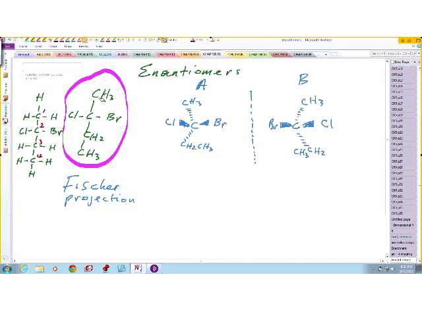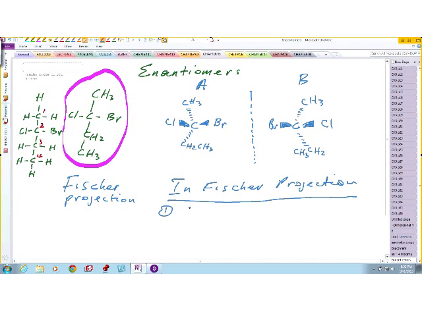Keep in mind, this Fischer projection here is a representation of this molecule A. So in a Fischer projection, one, the horizontal groups are assumed to be coming at you. That is very important.